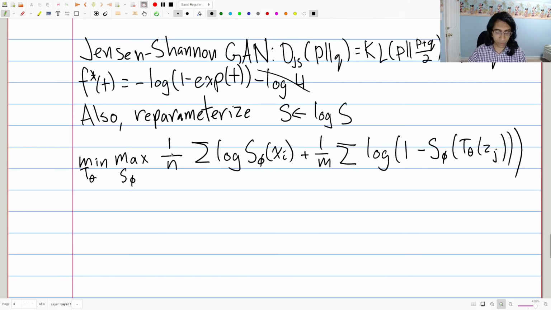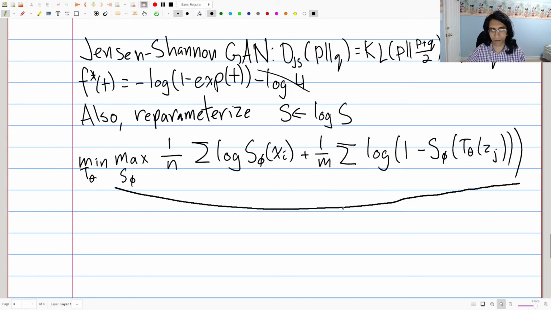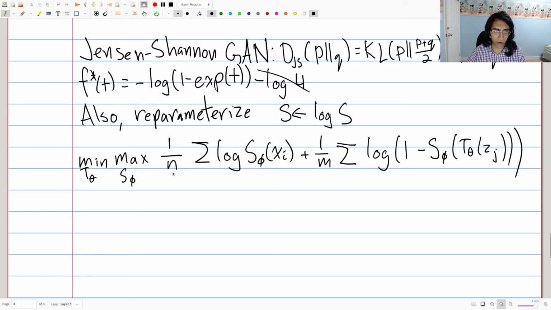The way you can see it is, first of all, let's focus on the two different parts of this. Let's fix the T theta. That is, we're going to fix the generator, and we're just going to look at what the discriminator is trying to do. What this discriminator is trying to do is essentially solve a type of logistic regression.